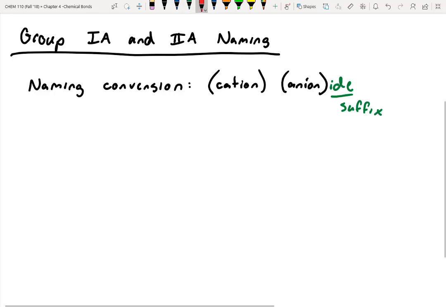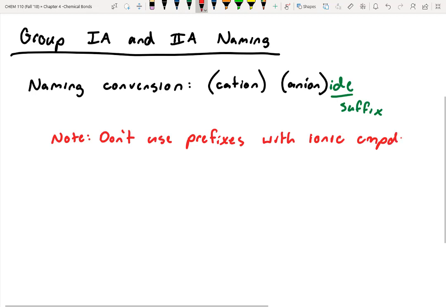The important note is we don't use mono, di, tri, tetra with ionic compounds. So no mono, di, tri, tetra, etc.